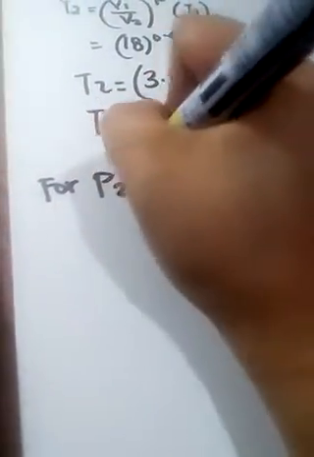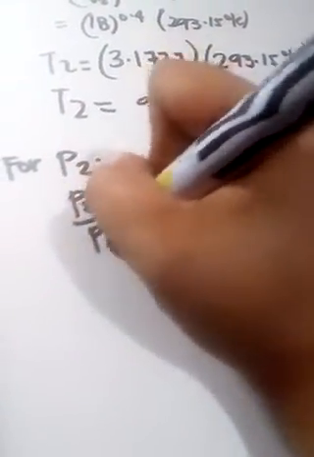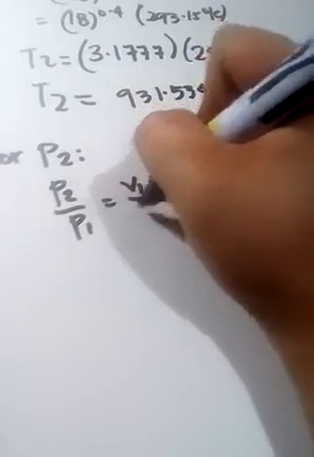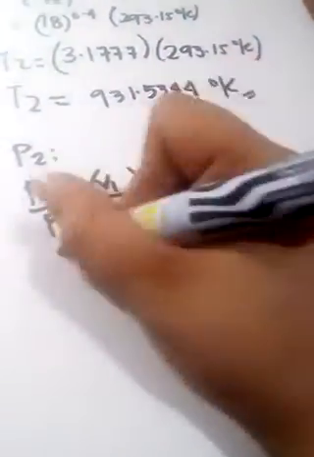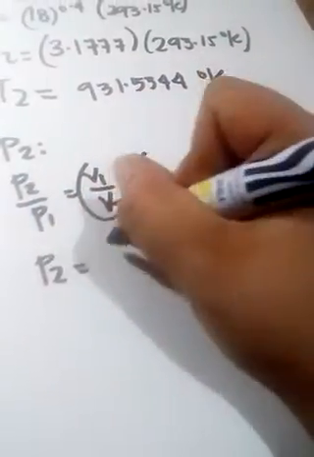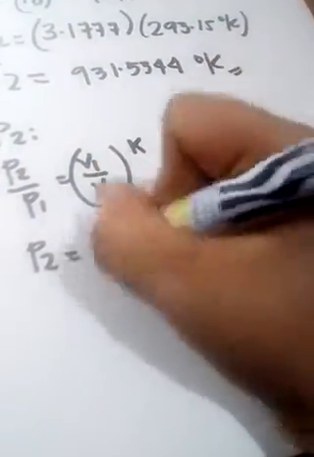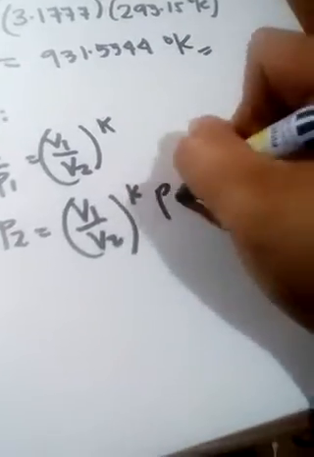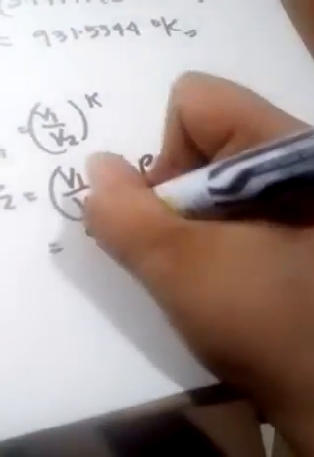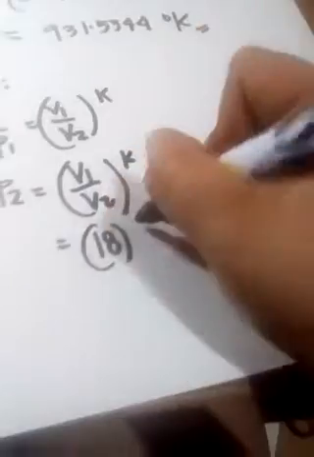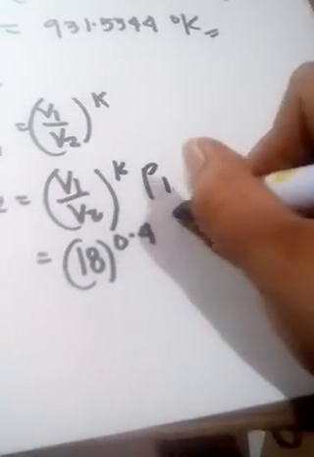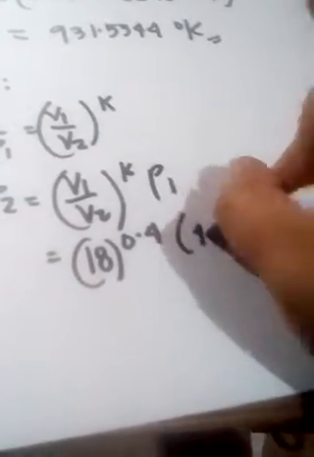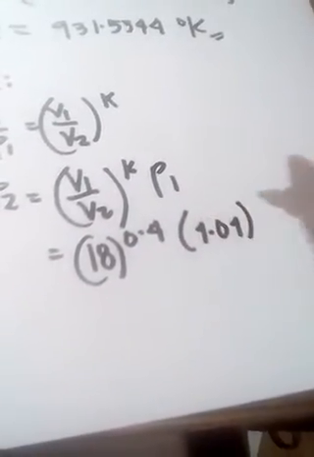So, for P2, let's use the formula P2 over P1 is equal to V1 over V2 raised to K, wherein it would become P2 is equal to V1 over V2 raised to K times P1, wherein the value of V1 over V2 is 18 and the value of K is 0.4. And the value of the initial pressure is 1.01 bar.